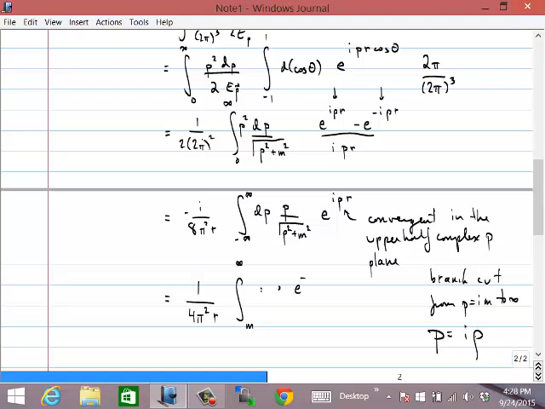And then you can just do the change of variables from p to rho and write this as an integral d rho. You get an integral of rho d rho over the square root of rho squared minus m squared, integrated from rho going from m up to infinity of e to the minus rho r. Okay.